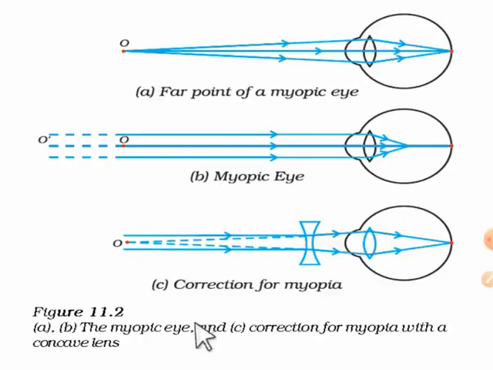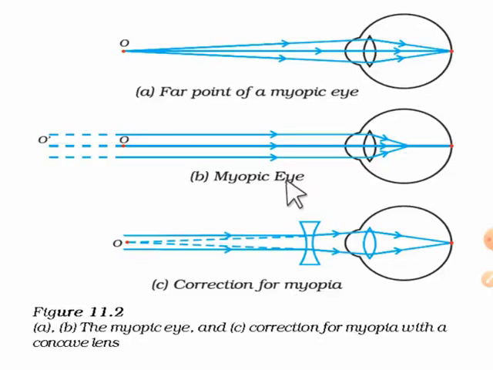Such a defect of the eye we call myopia, and the eye having myopia we call a myopic eye.